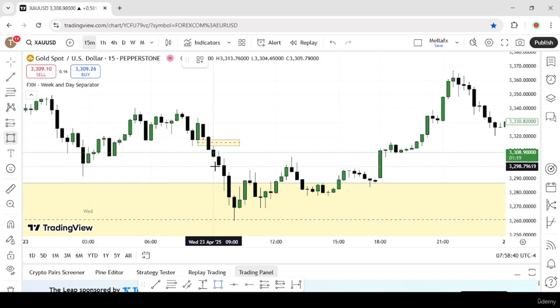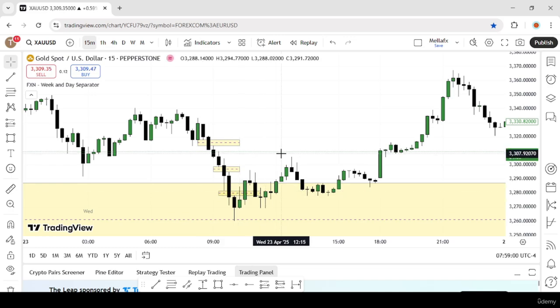No, there's a second one here, and also a third one here. So we cannot just enter into these fair value gaps whenever we feel like it. We have to first understand the higher time frame order flow so that the fair value gap in the lower time frame works in our favor.